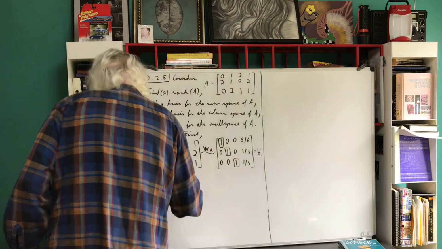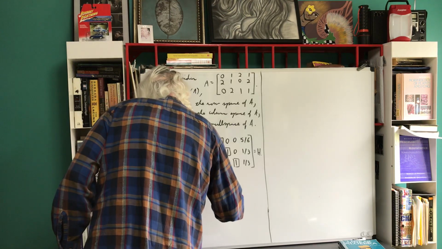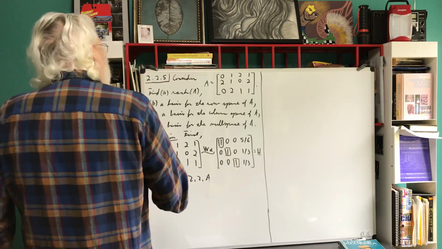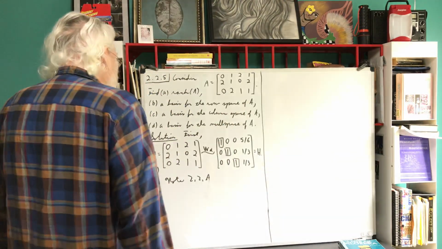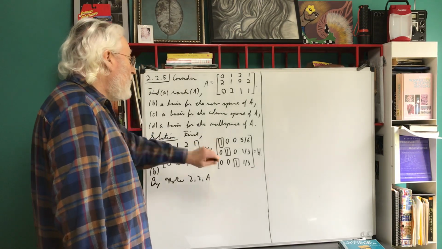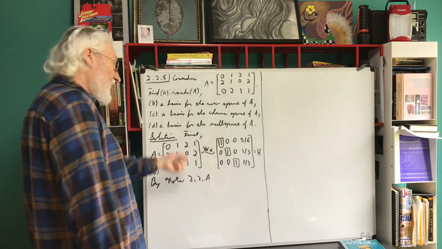In part B, by note 2.2.A, we're looking for a basis for the row space of A. For a basis for the row space, we'll use the non-zero rows of H. All rows of H are non-zero.